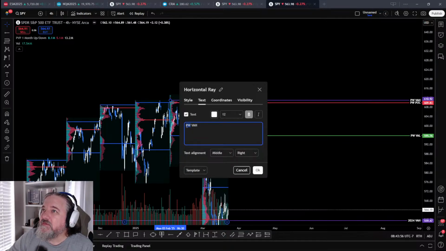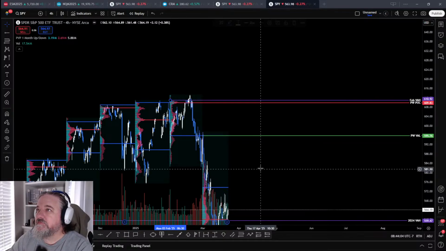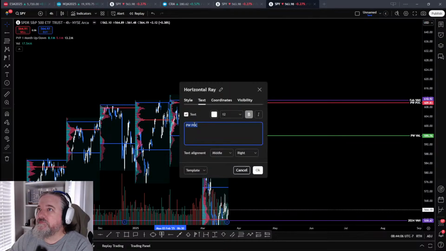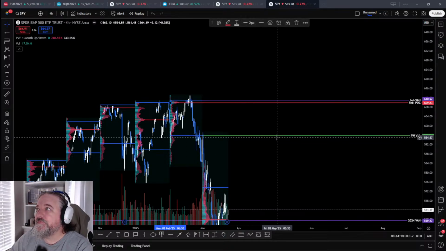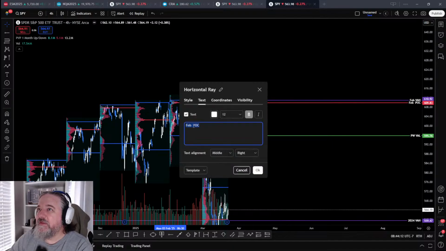So that would be my February value area high, February POC. That's double spaced, which is annoying. And my February value area low.